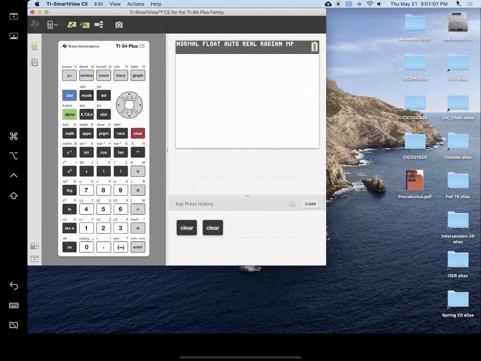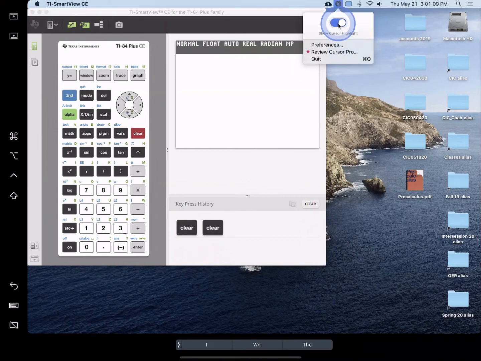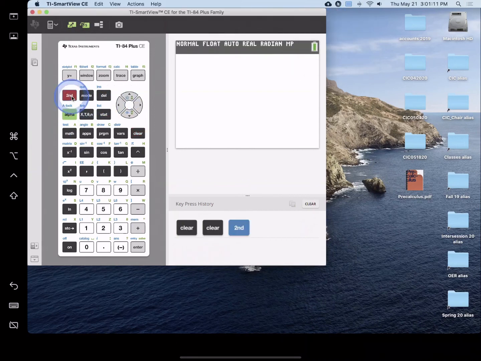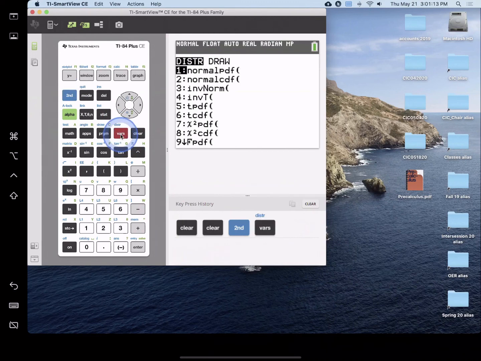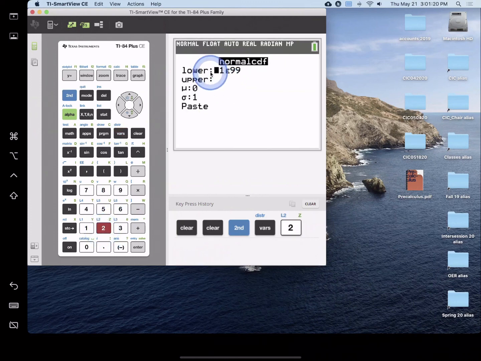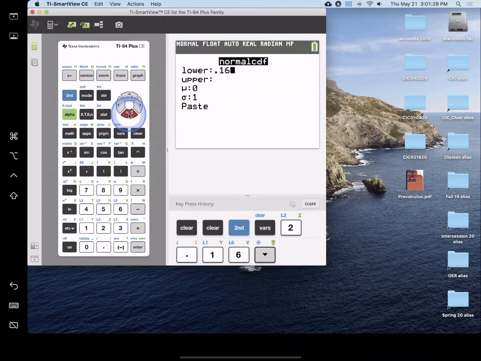Here we have second vars, which gives you the distribution list, and go to normal CDF, which is number 2. You're just going to enter a lower bound and upper bound, meaning left endpoint and right endpoint. We know that it starts at 0.16, but then it goes all the way to the right. And we can't put infinity in here because there's no infinity symbol.